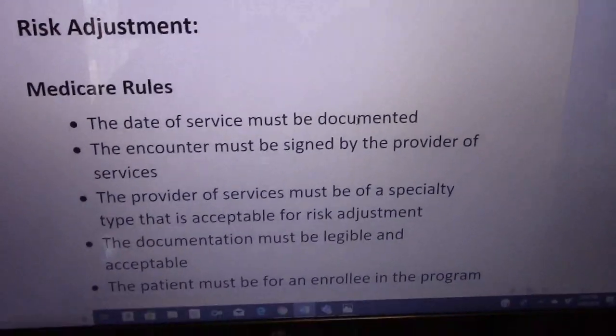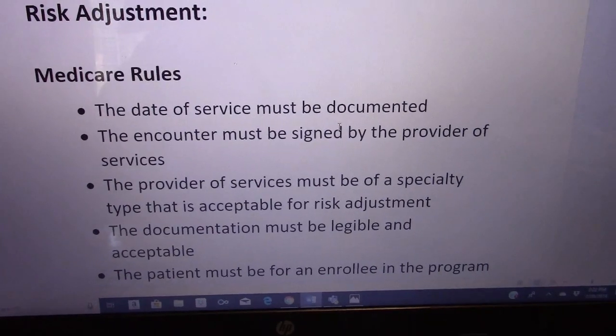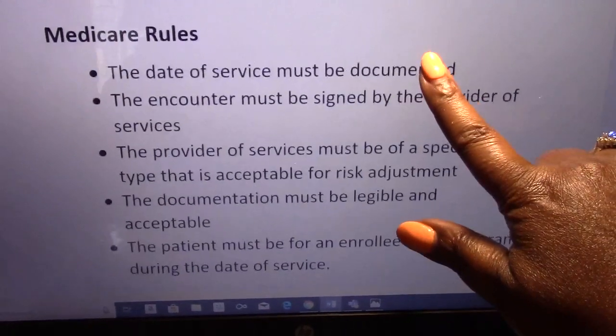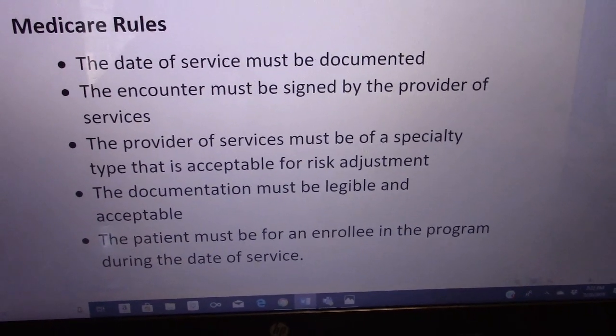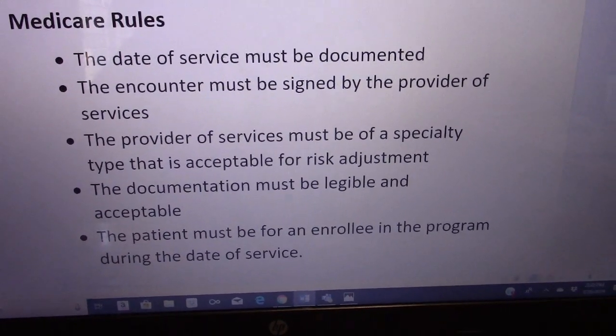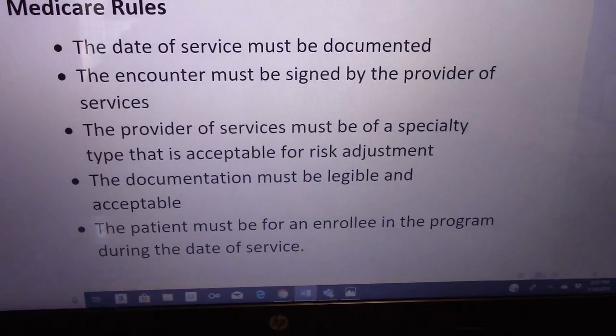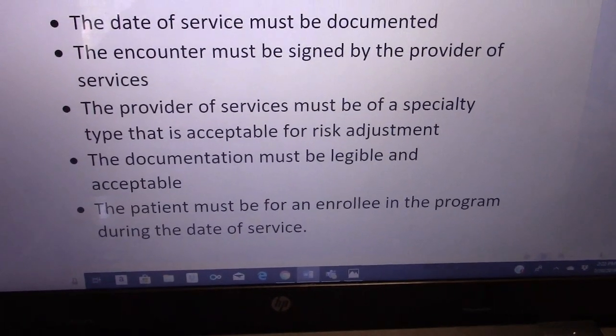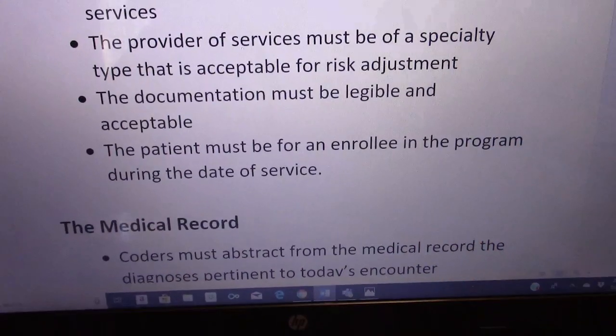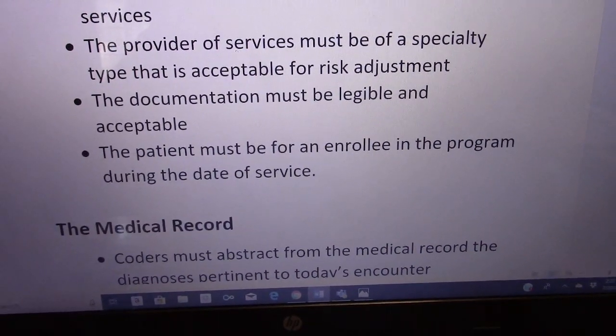All right, so what are the Medicare rules? The Medicare rules are that the date of service must be documented. The encounter must be signed by the provider of services. The provider of services must be a specialty type that is acceptable for risk adjustment. The documentation must be legible and acceptable.